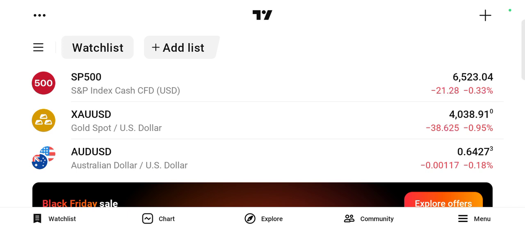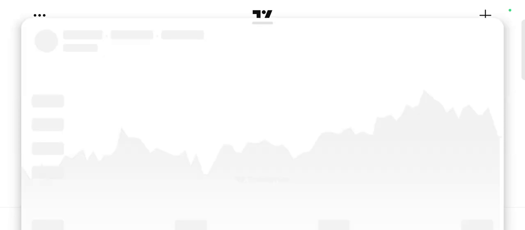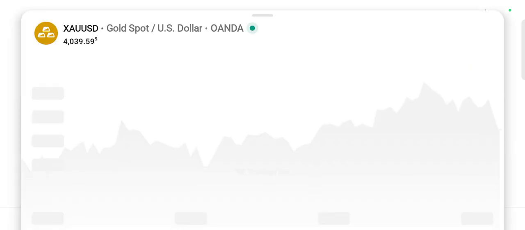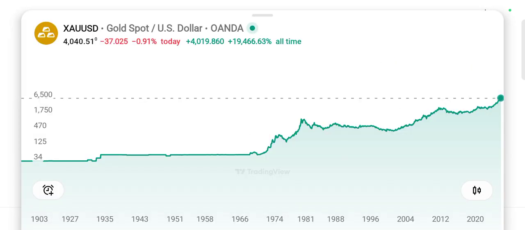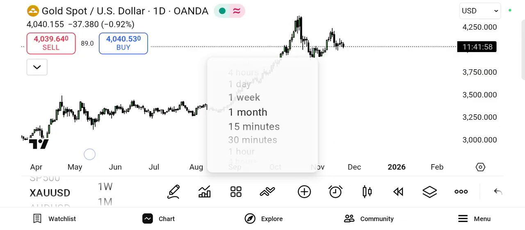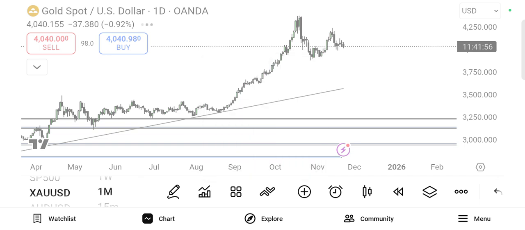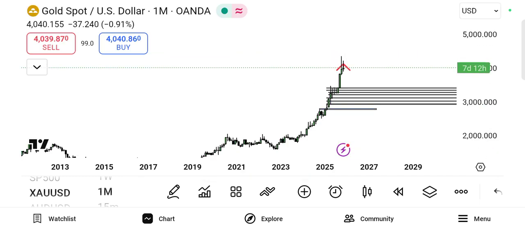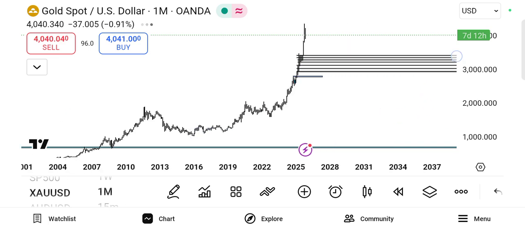Now I'm going to be going to gold. On gold, what am I seeing? Let's go to the chart and see what gold is doing. First thing first, top-down analysis. Now, on gold, you can see that gold has been rallying.